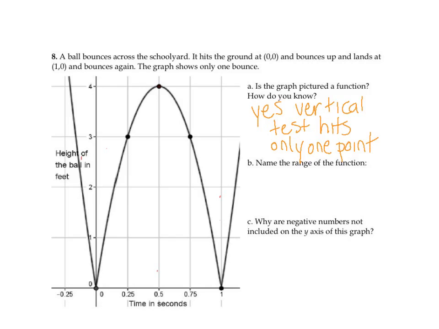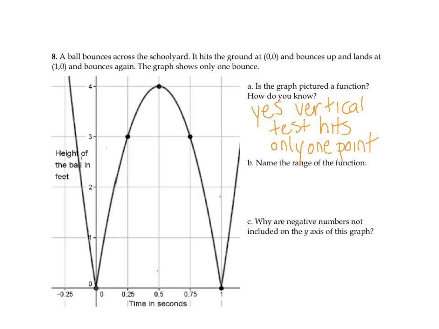So now part B tells us to name the range of the function. So we know that the range, if we remember, is the range of y values. So we're going from the bottom of the graph to the top of the graph.